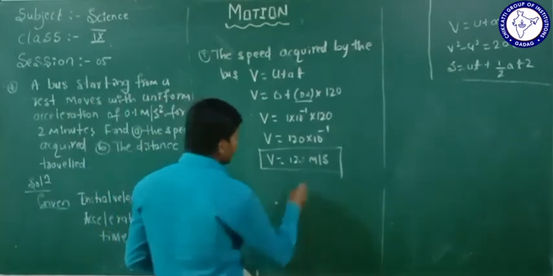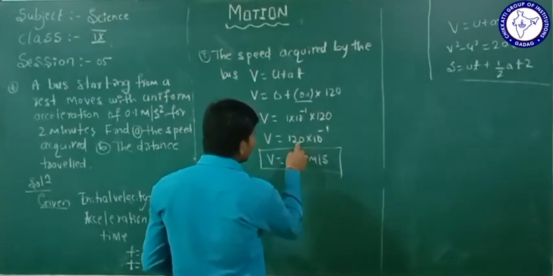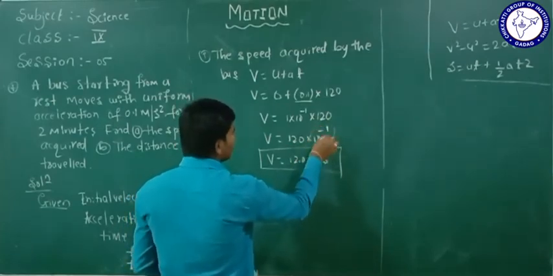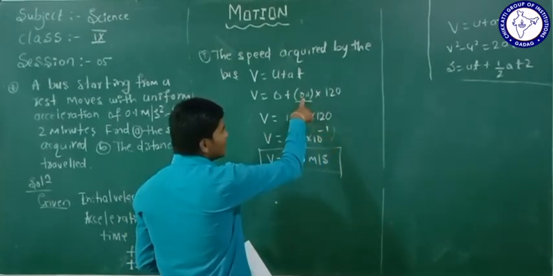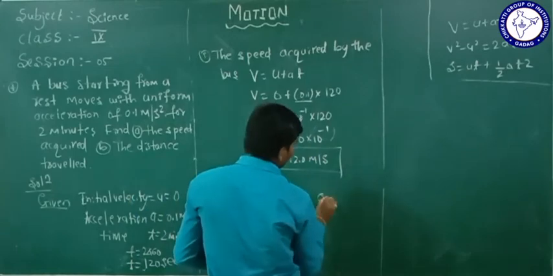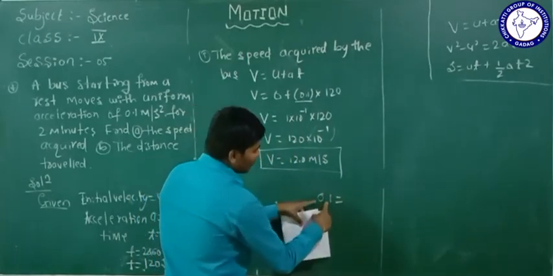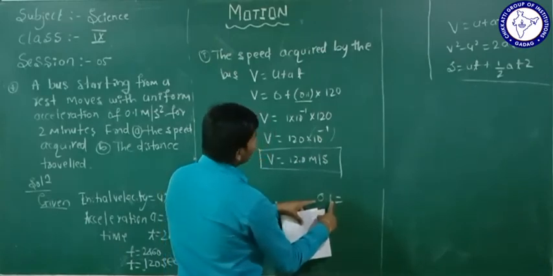We write it as 12.0 because we shift the decimal to here, since we have 10 raised to minus 1. 10 raised to minus 1 is nothing but 0.1. Have you understood?